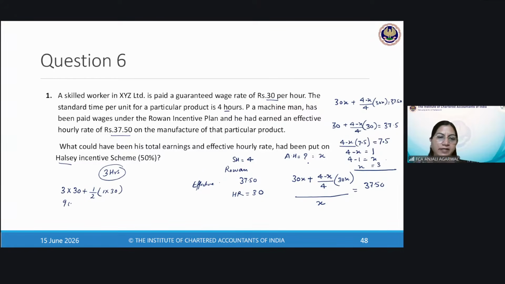He would have got 90 plus 15, 105. 105 divided by 3, his effective hourly rate would have been 35 rupees per hour. As you can see, actual time is 3, saved is only 1, standard is 4, it's less than 50%. So the hourly rate under Rowan is higher, 37.5. Rowan rewards more.